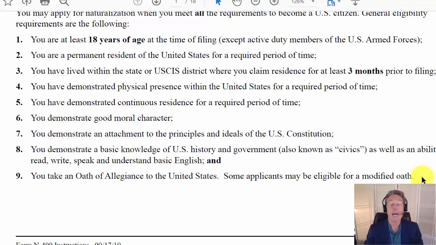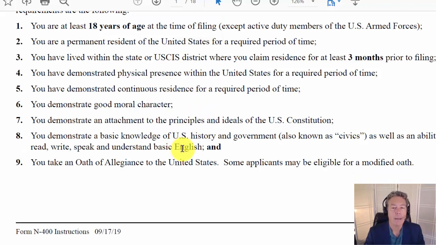You have to be able to say that. Now, if you're a pacifist and you really don't believe that, then you're going to have a hard row. It's going to be hard for you. There's exceptions, there's modified oaths, but you want to find out how to do that and take that on. I've known people to do it. I've helped people do it. People do it, right? But it's a big deal. It's actually a big deal to do that.